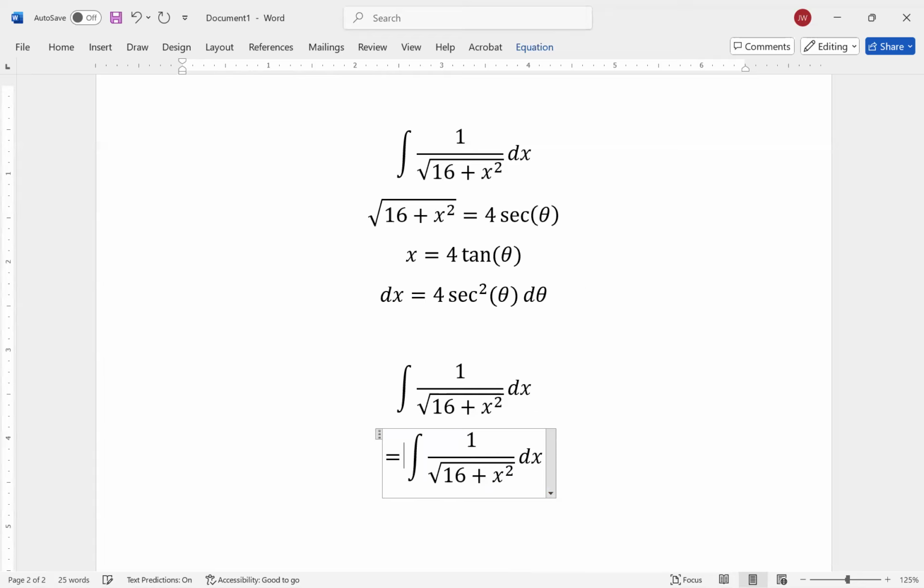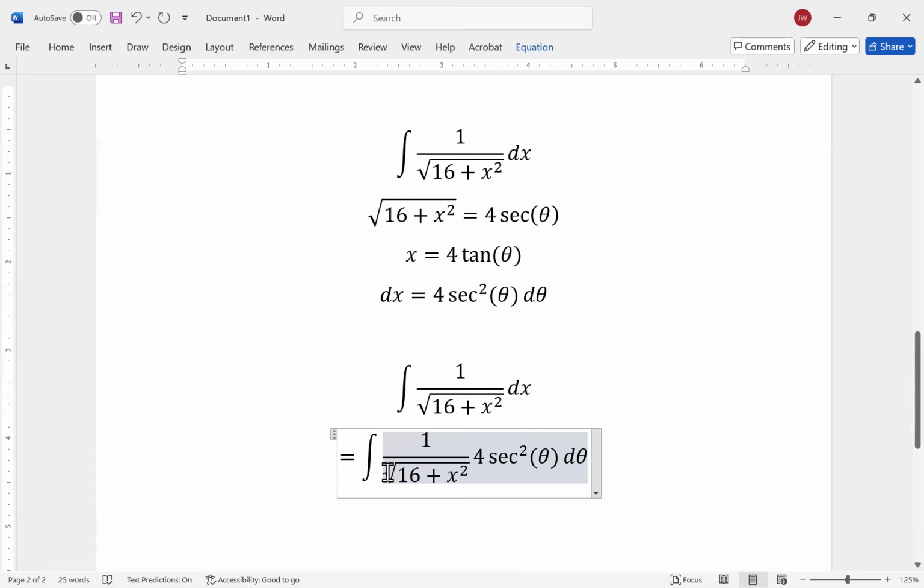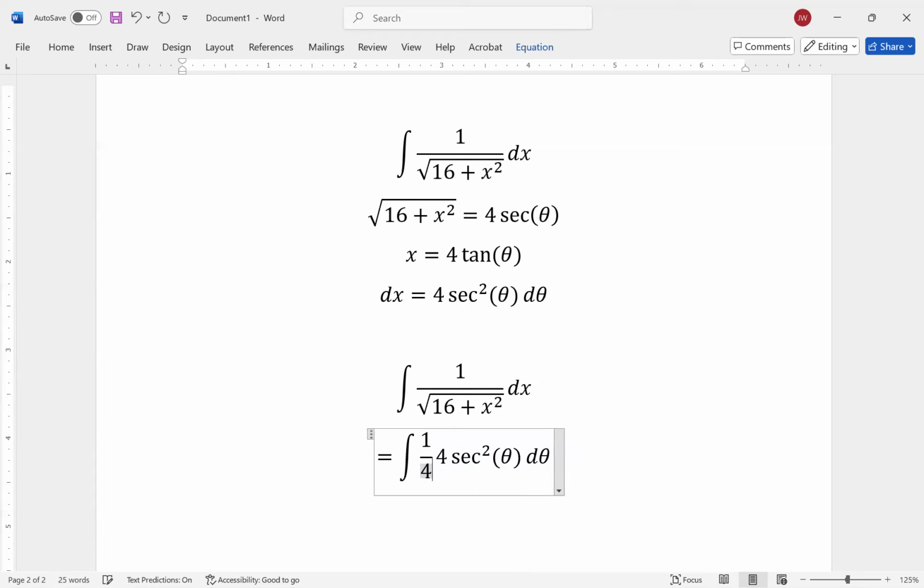The dx is going to get replaced with a 4 secant squared of theta d theta. The square root is going to get replaced with a 4 times secant of theta.